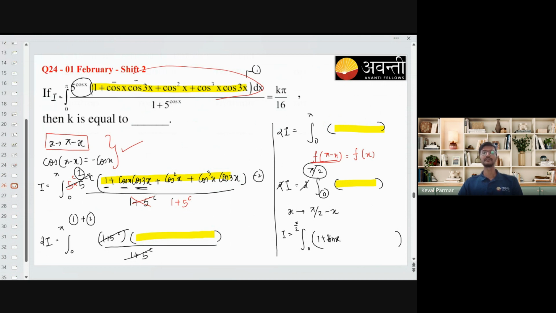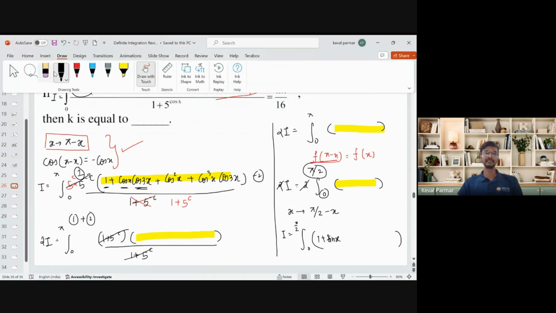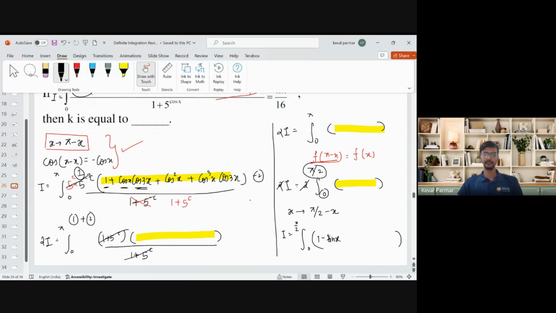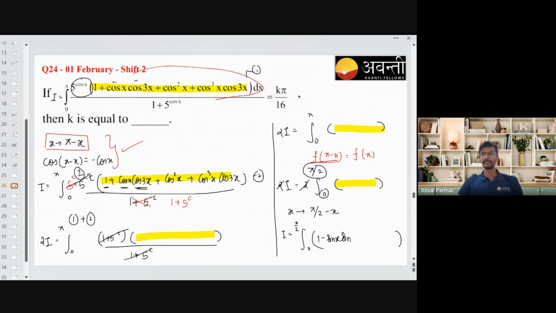This cos 3x will become cos of 3 pi by 2 minus x, which will become minus sin 3x, so we'll get minus sin x into sin 3x. Plus this cos square x will become sin square x. Similarly cos cube x will become sin cube x, and cos 3x will become minus sin 3x. So we got this.